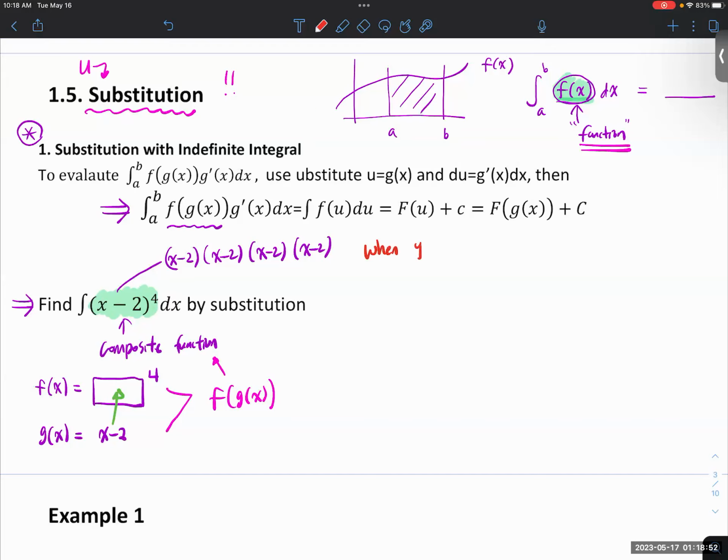When you have a composite function, you now know what they mean: something is the inside function and another one is the outside function. One of the functions is subbed into another one. Then, when you have a composition function, use substitution method.